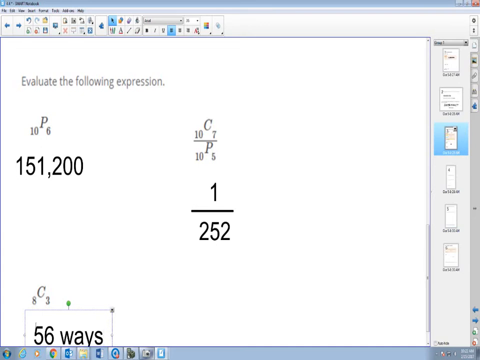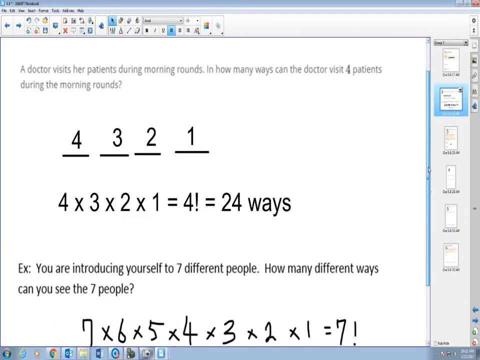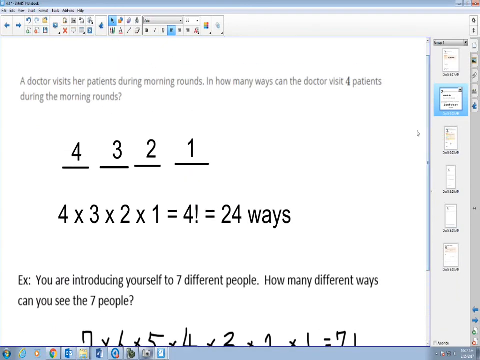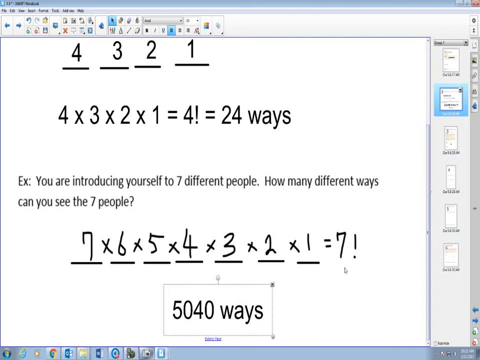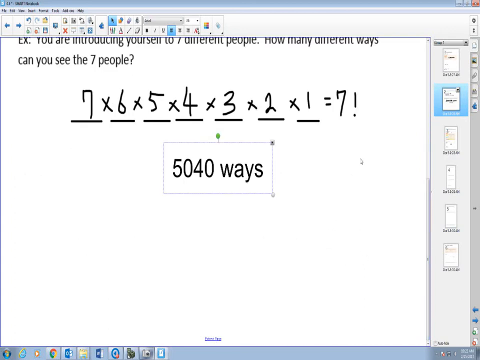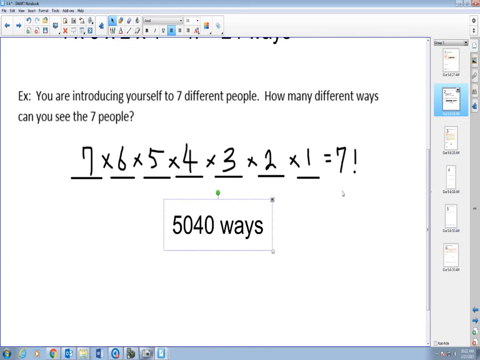By the way, just so you know, when we did this 7 factorial right here, this factorial problem is actually the same thing as 7 choosing 7 using permutation, because the order matters.